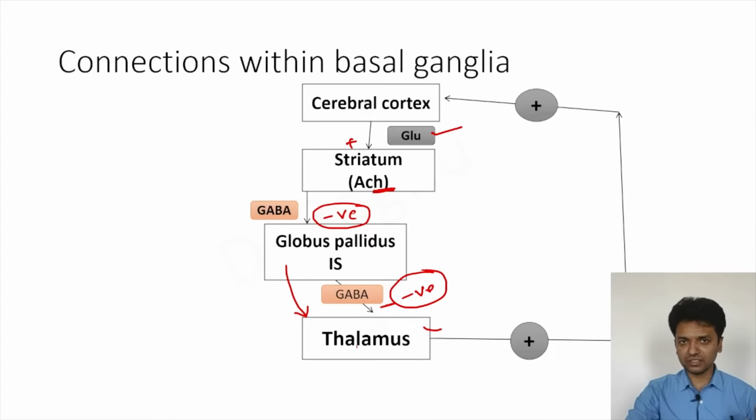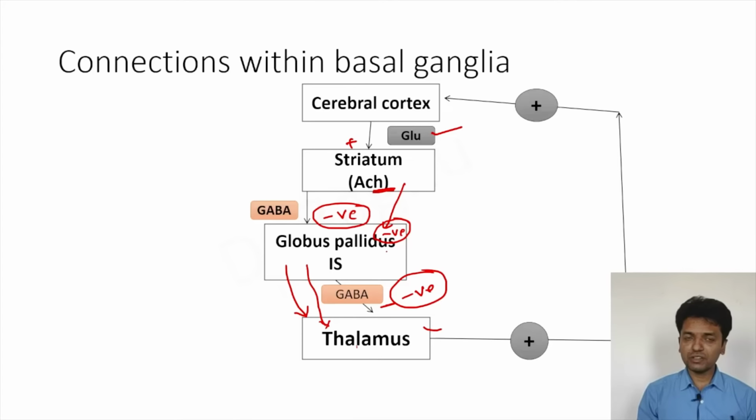Now you might be wondering, why am I saying that this is providing an excitatory output to the cerebral cortex? The reason is that the information coming from the striatum to the globus pallidus internal segment is inhibitory, and the information coming from the globus pallidus internal segment to the thalamus is also inhibitory because it is releasing GABA. That means the striatum is going to inhibit the globus pallidus internal segment.